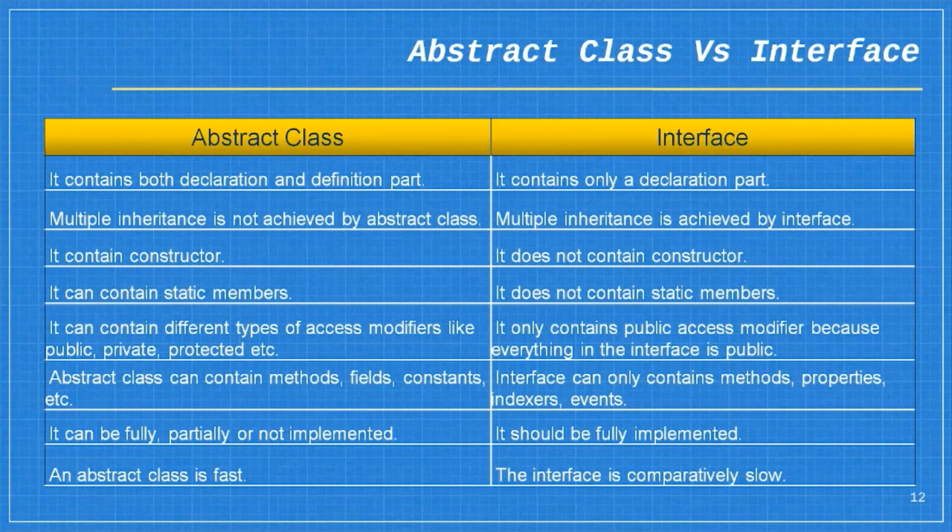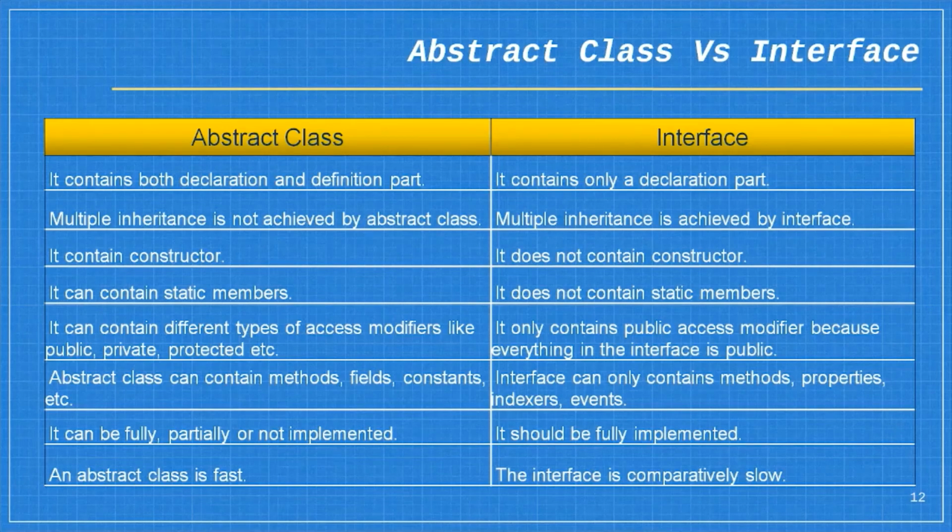However, it's not possible for an abstract class. It's a one-to-one relationship. One class can inherit from one abstract class only. An abstract class can contain a constructor, whereas an interface doesn't contain a constructor. An abstract class can contain static members. However, an interface with static members is not possible.